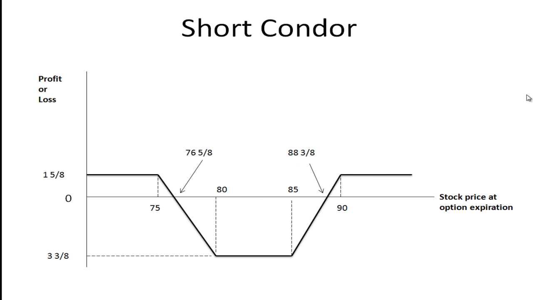And again, very similar to the strangle, except remember that the strangle would have these just going up because there's no option here that flattens this part out. There's none here that flattens this out. So it's going to be a more expensive strategy with more upside potential if the stock price makes a big move up or down.